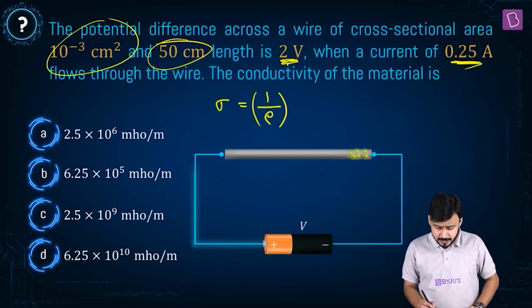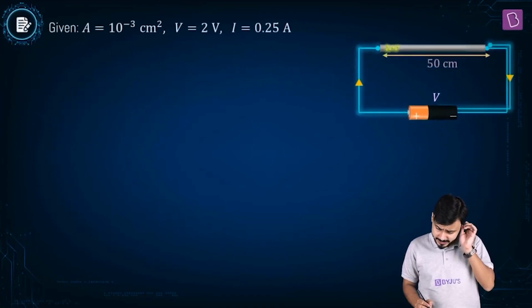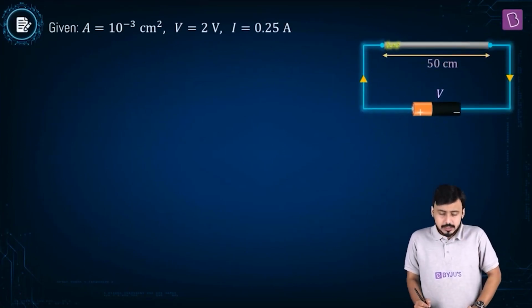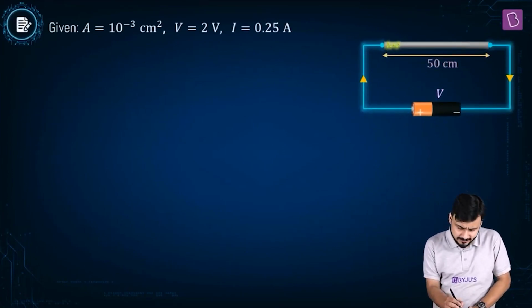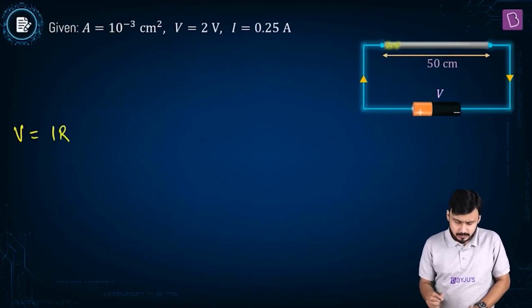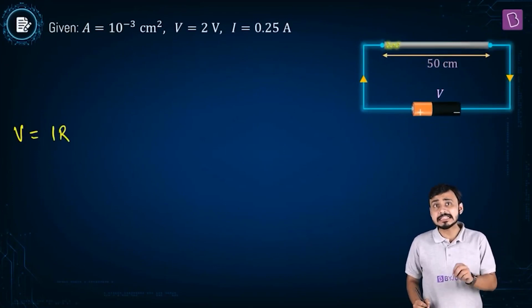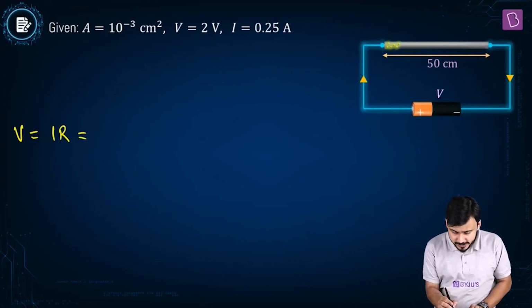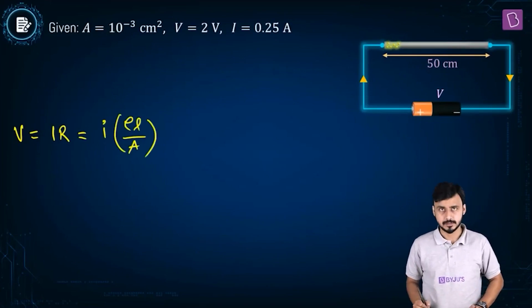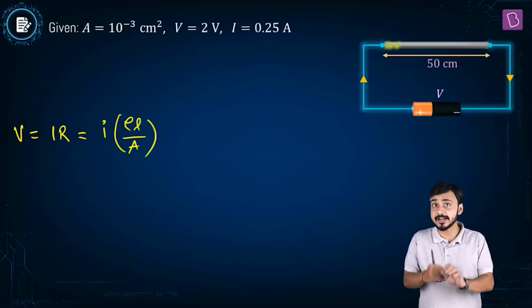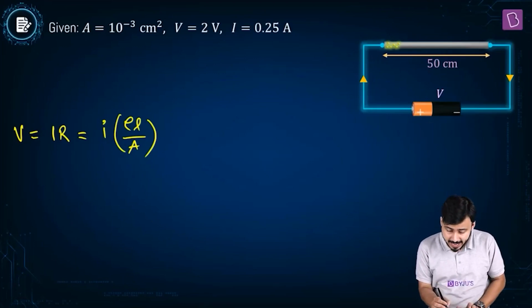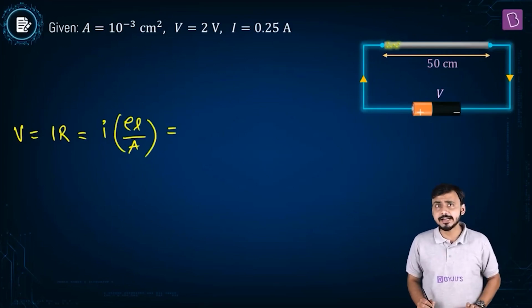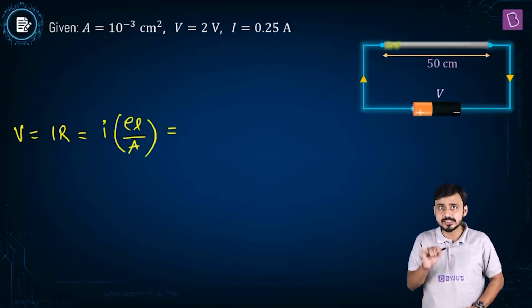Now, if we take this problem, we know that V is given as IR, correct? Voltage difference applied is equal to current multiplied by resistance. And the resistance you already know is given as rho L by A, resistivity multiplied by length divided by cross-sectional area, correct? And rho is 1 upon sigma, where sigma is the conductivity and rho is the resistivity.